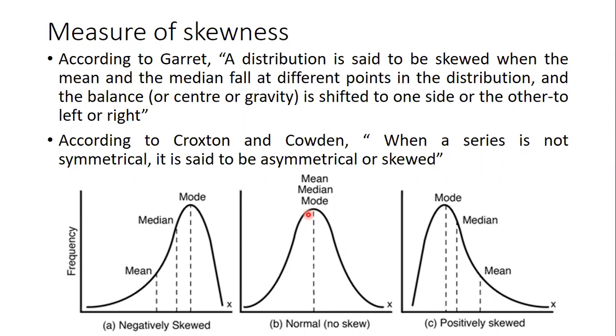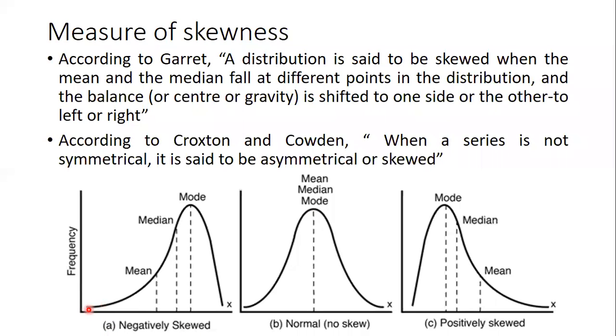Suppose this balance is shifted either to the right side or the left side, then it is called a skewed distribution. Skewed means there is no proper balance. That is what they are trying to explain in the definition. If you see the first picture, which says negatively skewed, there is no balance.